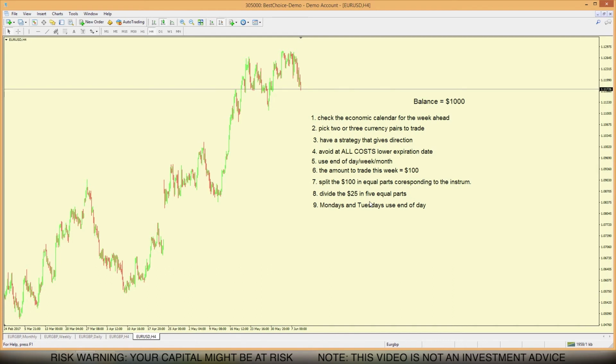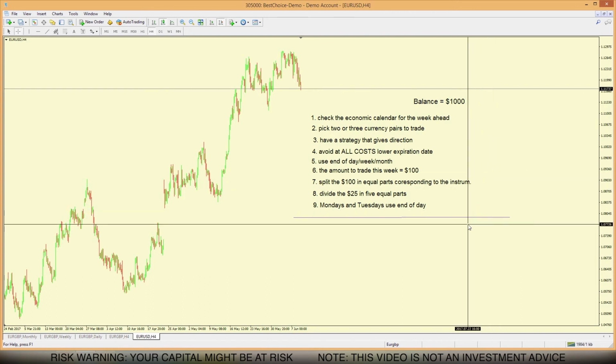You can use RSI, you can use an oscillator, you can use Elliott waves, you can use whatever strategy you like, but keep in mind that with this money management plan, at the end of a trading week, even if you know nothing about trading, about financial markets, about the FX markets, about the way currency moves, you will only lose $100 or 10% of your account if all 20 options expire out of the money.